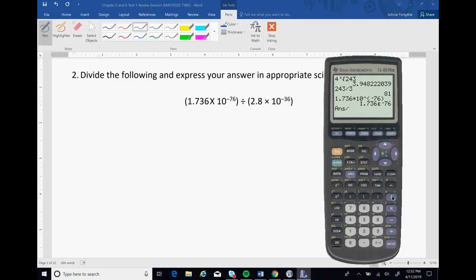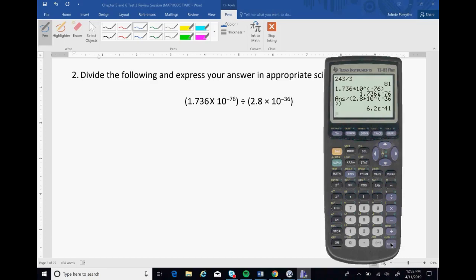So we're dividing that by parentheses 2.8 times 10 raised to negative 36. Enter. So your calculator actually gives you your answer: 6.2 times 10 to the negative 41.